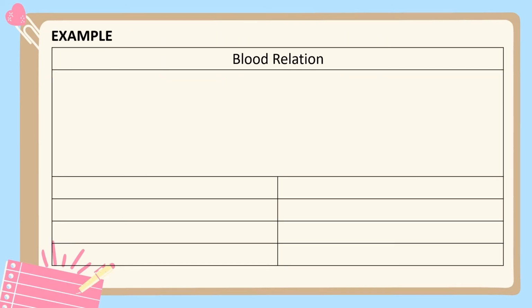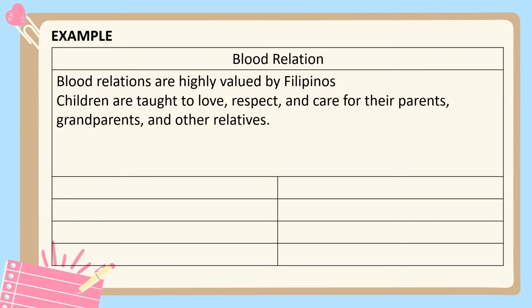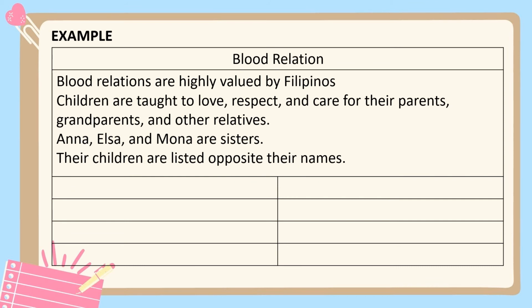For our second example, let's have this. Blood relations are highly valued by Filipinos. Children are taught to love, respect, and care for their parents, grandparents, and other relatives. Anna, Elsa, and Mona are sisters. Their children are listed opposite their names.